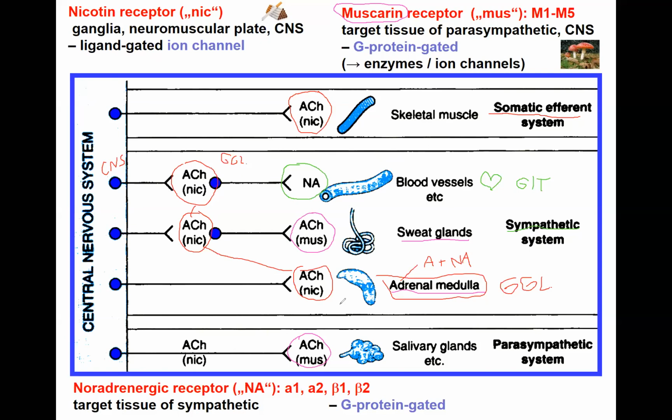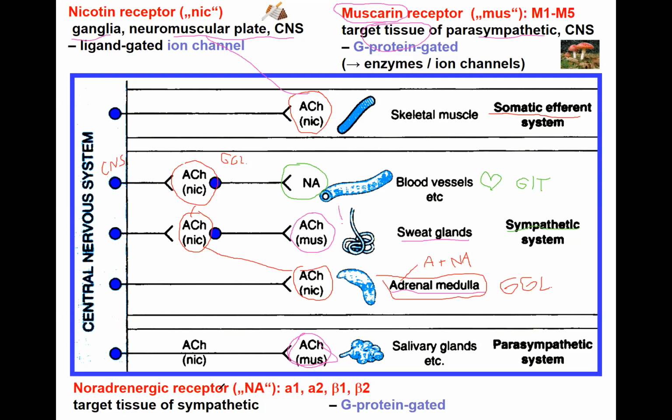To conclude, we have three kinds of receptors: nicotine and muscarine receptors for acetylcholine. You can see the difference: the nicotine receptors are in the ganglia, so on the preganglionic fibers, and in the neuromuscular plate, which is here in the somatomotor system. Muscarine receptors are in the target tissue of the parasympathetic system, which is here, with one exception, sweat glands for the sympathetic.